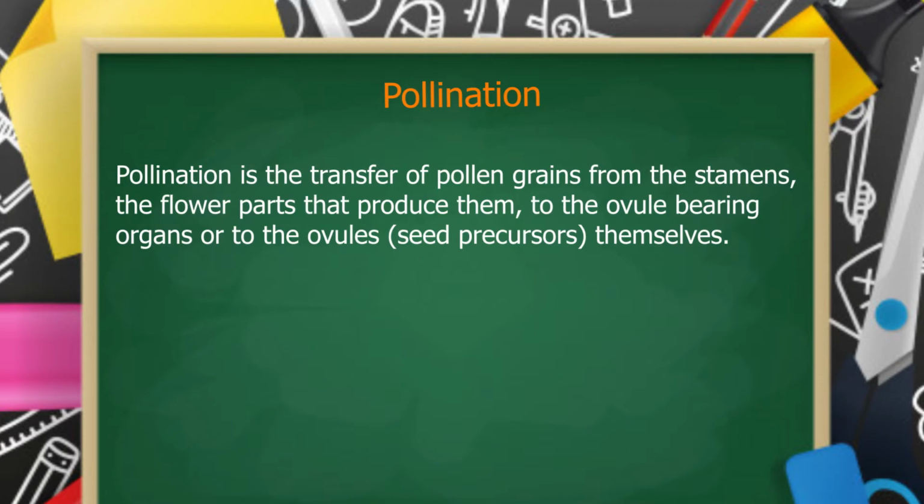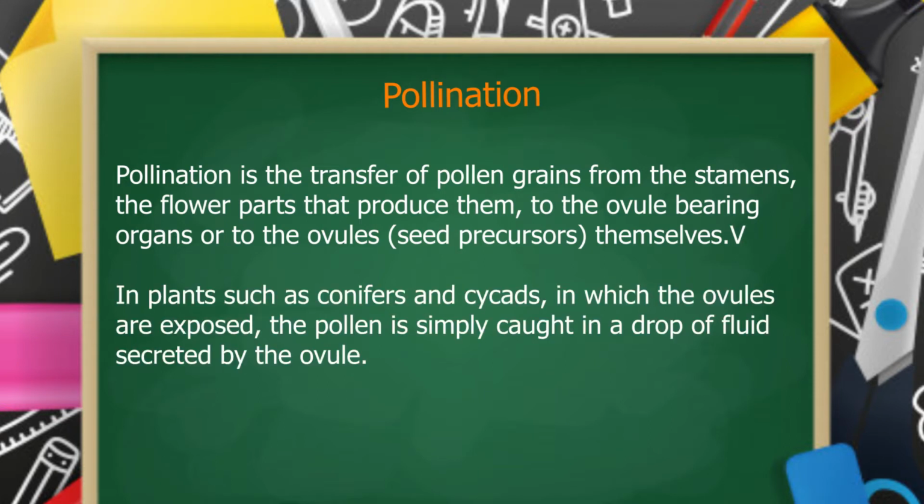Pollination is a transfer of pollen grains from the stamens, the flower parts that produce them, to the ovule-bearing organs, or to the ovules themselves. In plants such as conifers and cycads, in which the ovules are exposed, the pollen is simply caught in a drop of fluid secreted by the ovule.